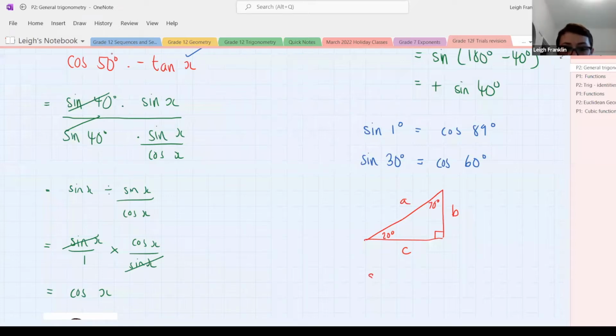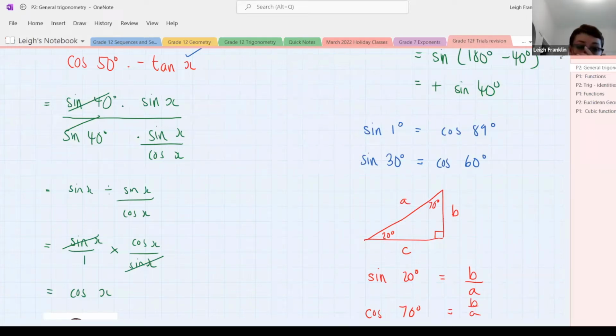If I write the sine of 20, remember sine is opposite over hypotenuse, so that would be B over A. Now look what happens when I write the cos of 70. It's adjacent over hypotenuse, B over A. So that's why sine 20 and cos 70 are equal to one another.